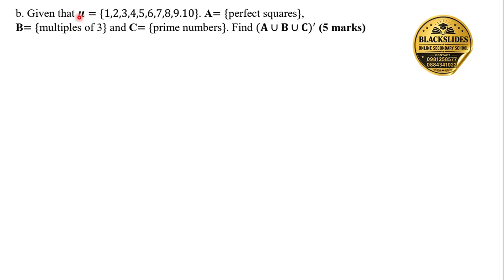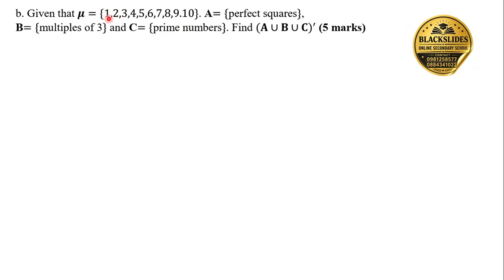Given that the universal set U, this is the universal set, of course, this one is a symbol for micro, but I'm sure the examiner decided to use this to mean universal set.